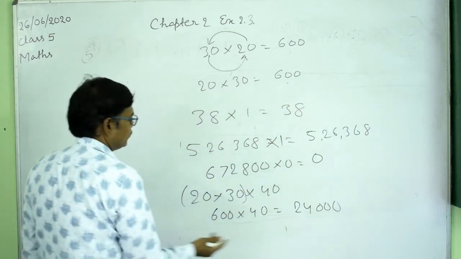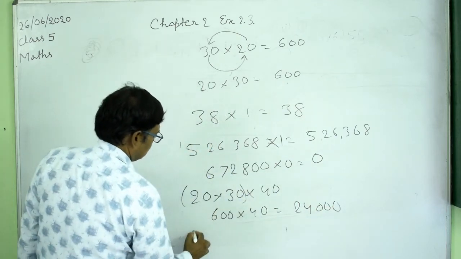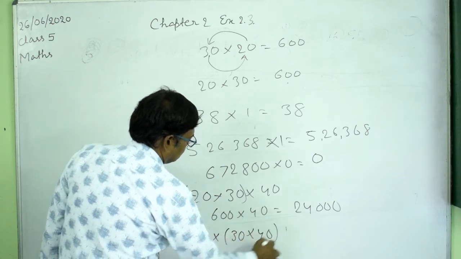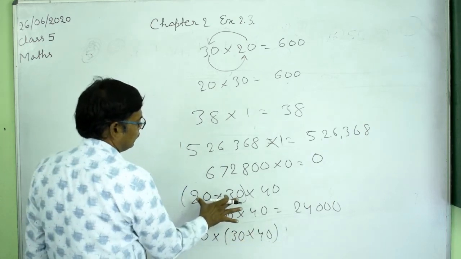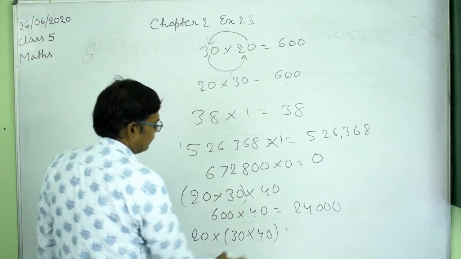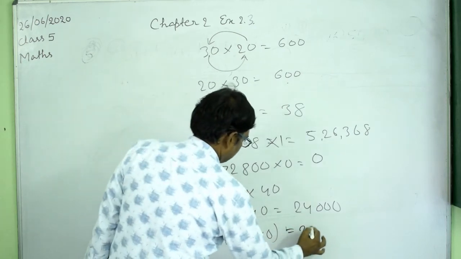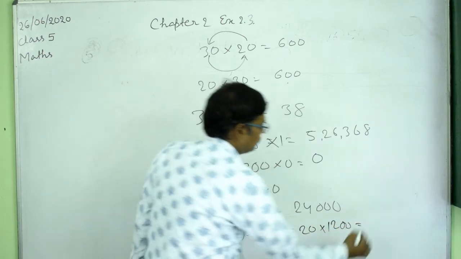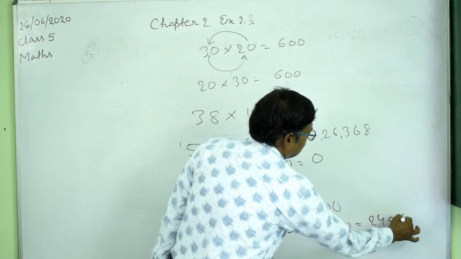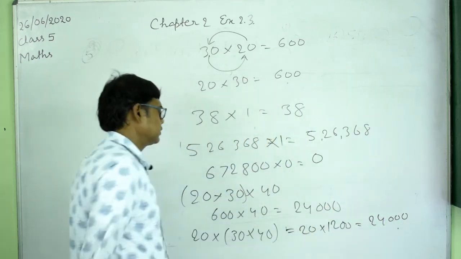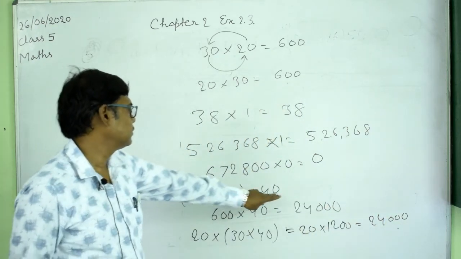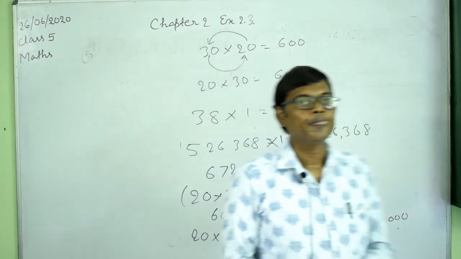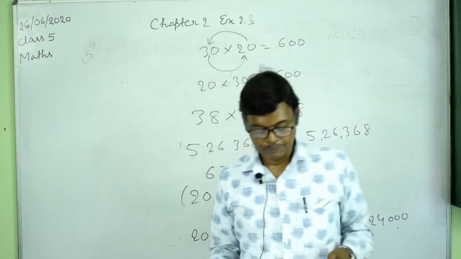And if you change the grouping, 20 into 30 into 40, here I multiplied this first, so you will get 1200 and then 1200 into 20 gives 24,000. See that in both cases, when you regroup the given numbers, the answer will remain the same. So these are the four properties of multiplication.